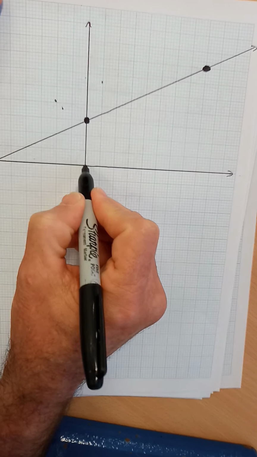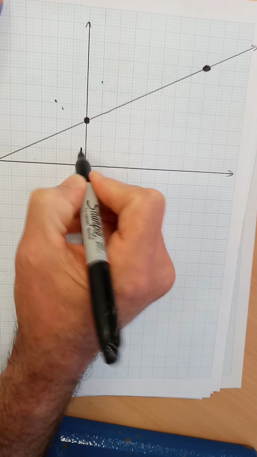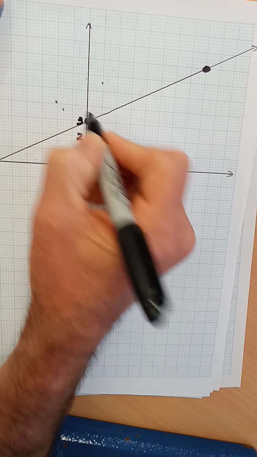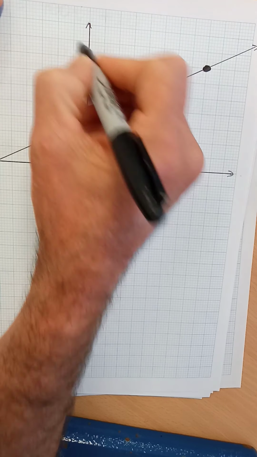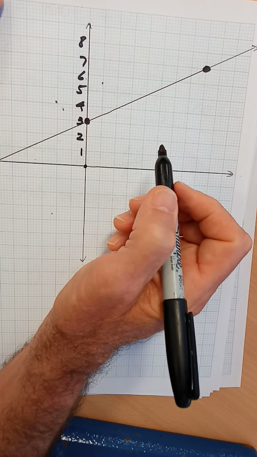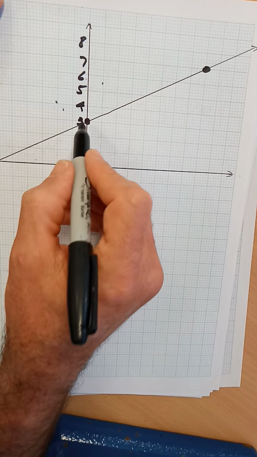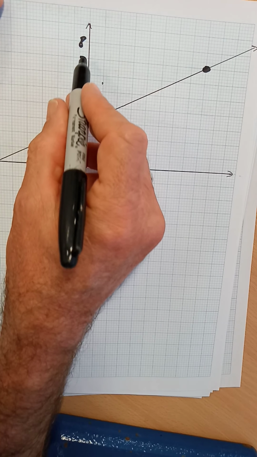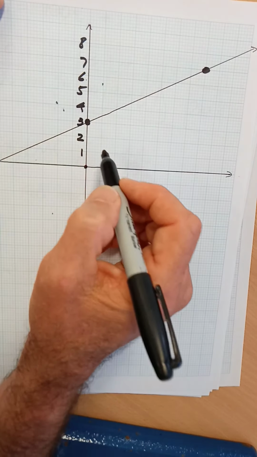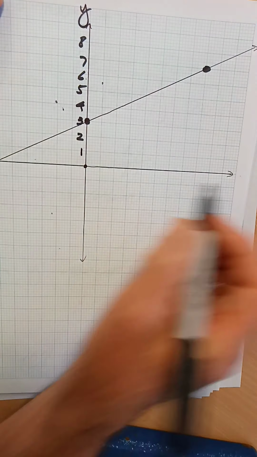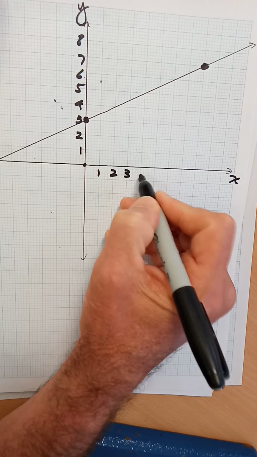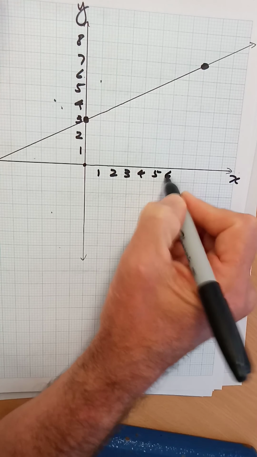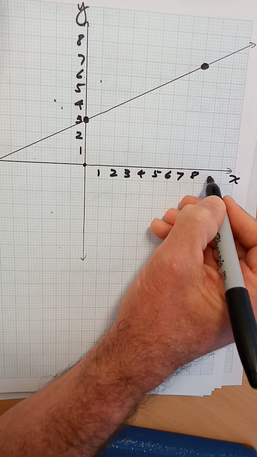And on this graph, here's 0, that's 1, 2, 3, 4, 5, 6, 7, 8. So in this case here, that's the y-axis, and this is the x-axis. 1, 2, 3, 4, 5, 6, 8, 9.